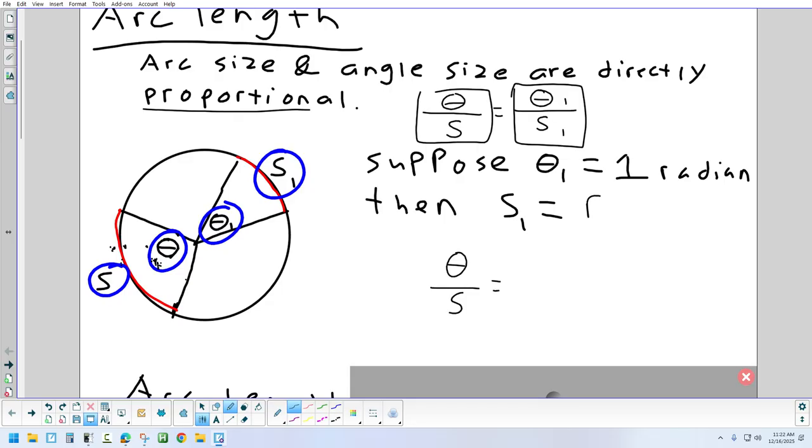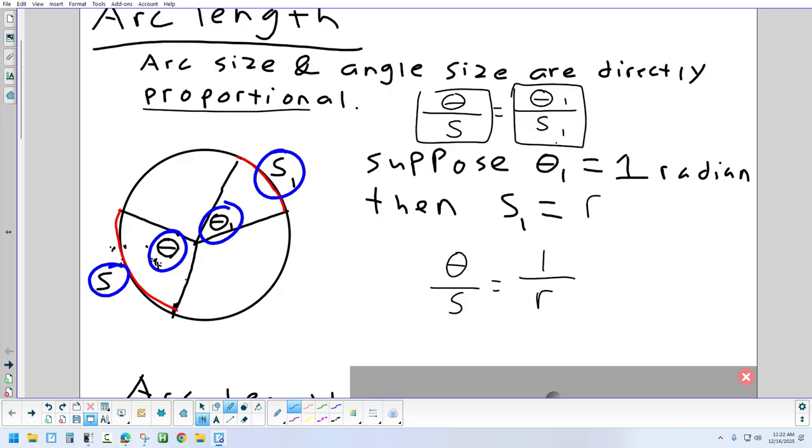But the right side is going to be our true statement. If theta 1 is 1 radian, that automatically means the arc equals the radius. That's like writing in 1 foot there's 12 inches. It's just a true statement. And now we can use that true statement to figure out things that we don't know.